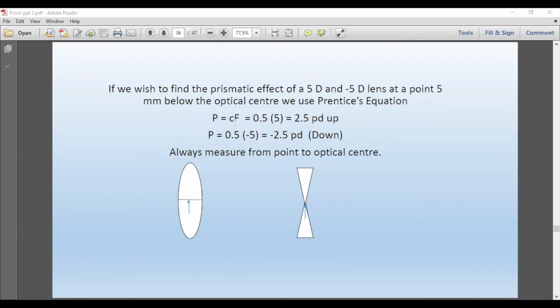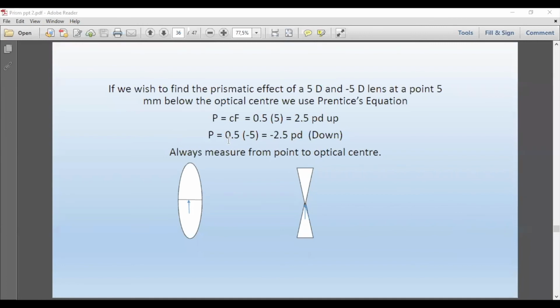You must remember, C is measured in centimeters, because one prism diopter displaces 1 centimeter over a distance of a meter, so we incorporate C in terms of centimeters. Now, 5 millimeters happens to be 0.5 centimeters. So if you want to calculate the prismatic effect at a point on a plus lens or a minus lens, we use Prentice, P is equal to CF.